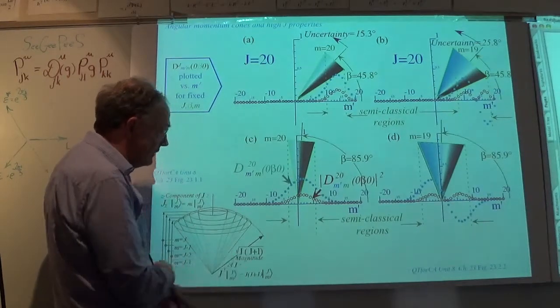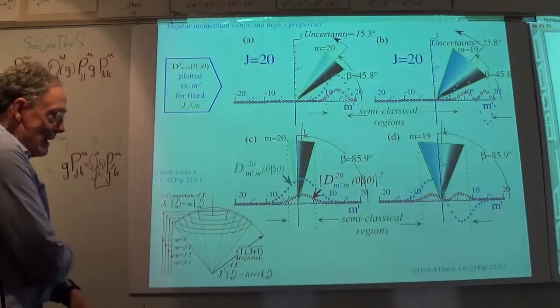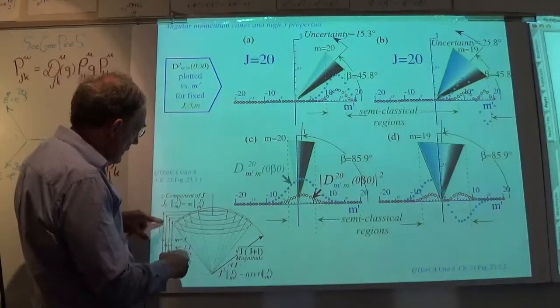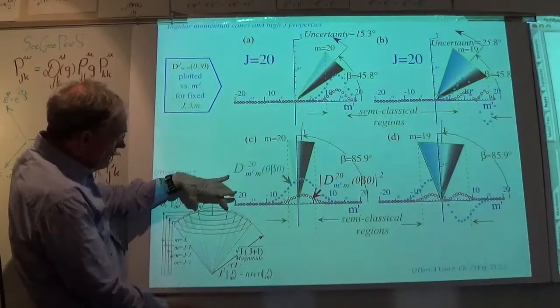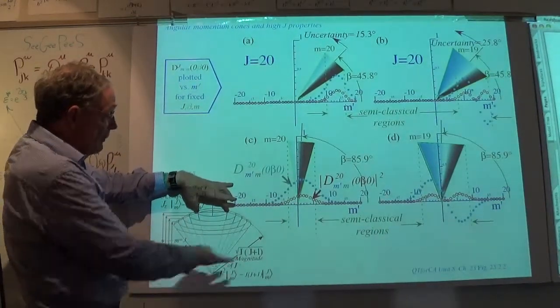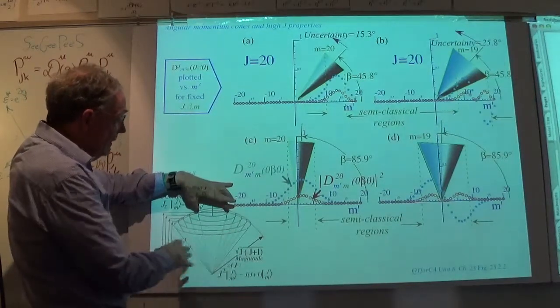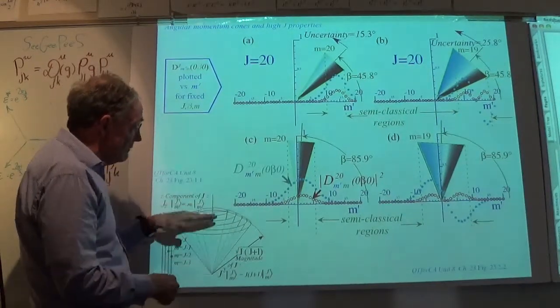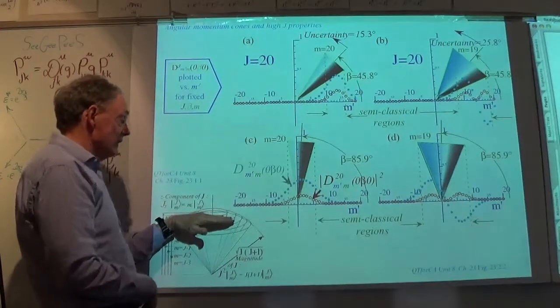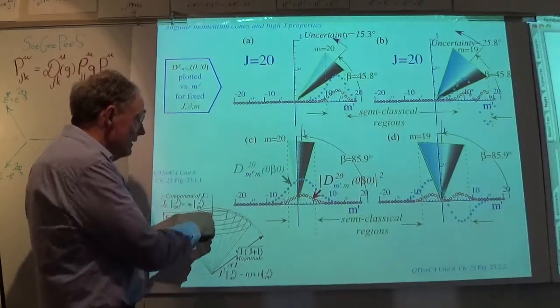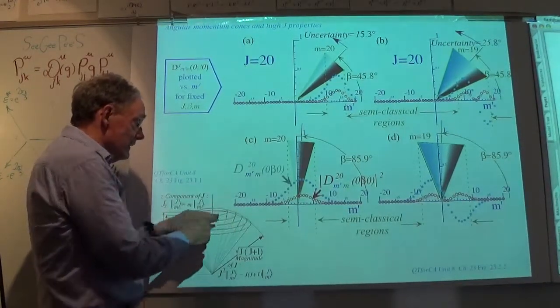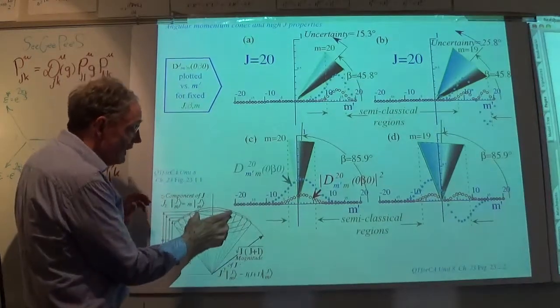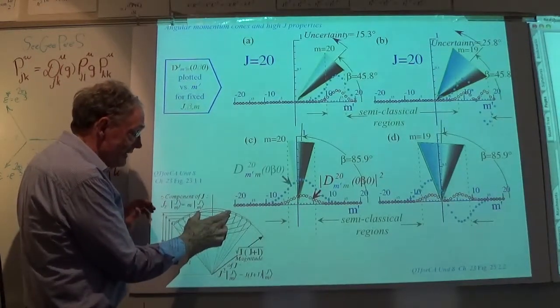It's the square root of j times j plus 1. Because of that, even the m equal j level has a little bit of uncertainty in the x and the y directions. If you really demand that it be quantized perfectly with respect to the z-axis, then you have a significant, for low j, uncertainty around.